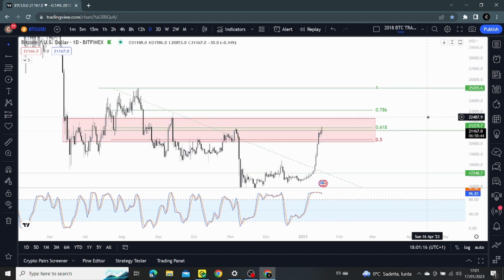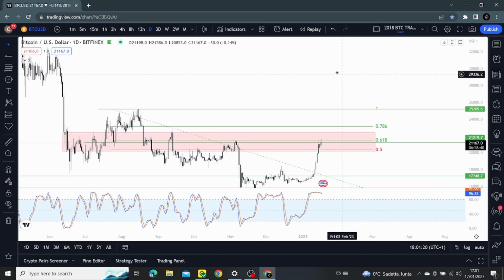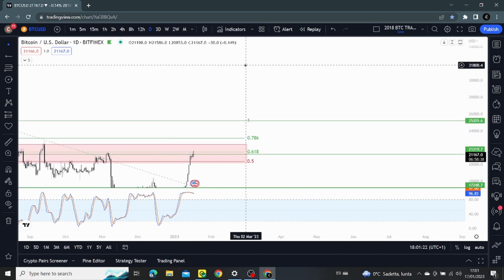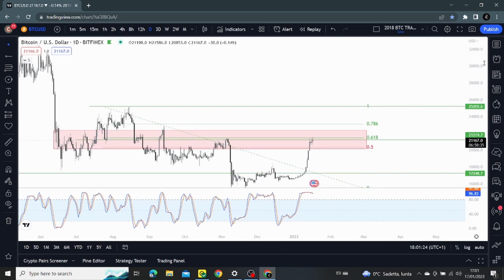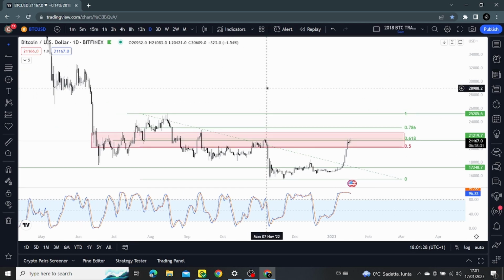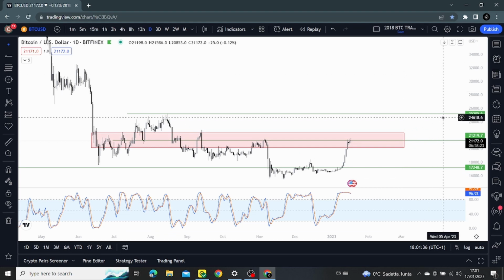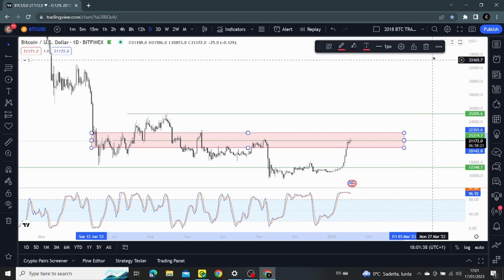We have already 3 points of interest to match with our probability of a big sell-off in the market, okay? Where the price can go, we're gonna check now.